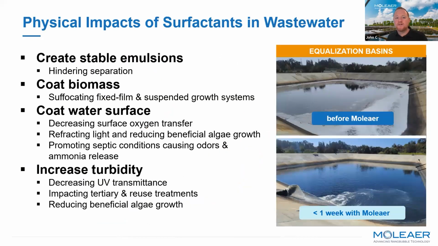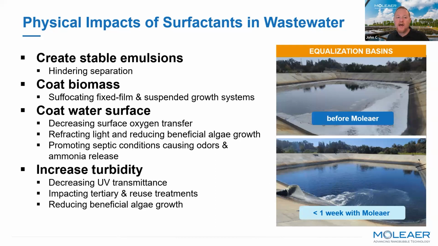So what are the physical impacts of surfactants in wastewater? Well, like I mentioned in the previous slide, they create stable emulsions, ultimately inhibiting or hindering separation processes. This can be in DAFs, in primary lagoons, or in primary clarifiers or sedimentation basins.